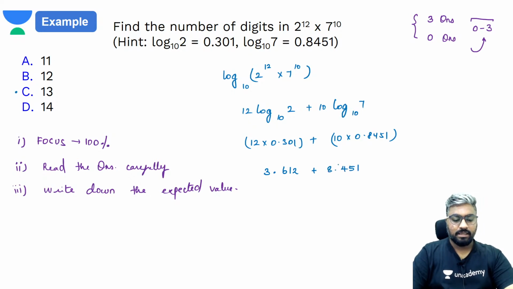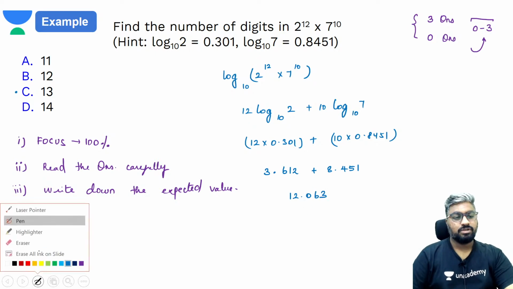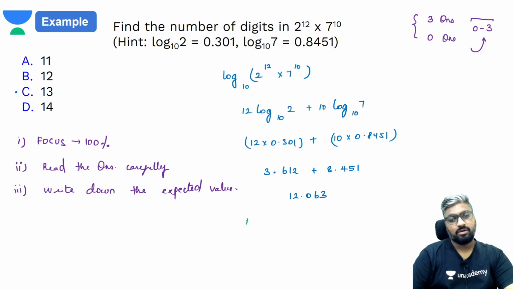Which comes up to how much? Again, when you add, don't just add the characters, add it properly. पूरा पूरा ऐड करो, अप्रोक्सीमेशन मत करो, यहाँ पे बहुत तकलीफ पाओगे. So how much will this be? This is 12.063. So the number of digits is going to be 12 plus 1, that is 13.